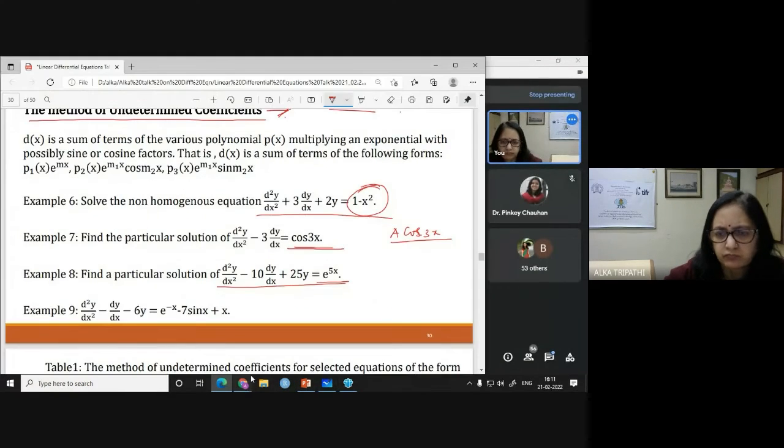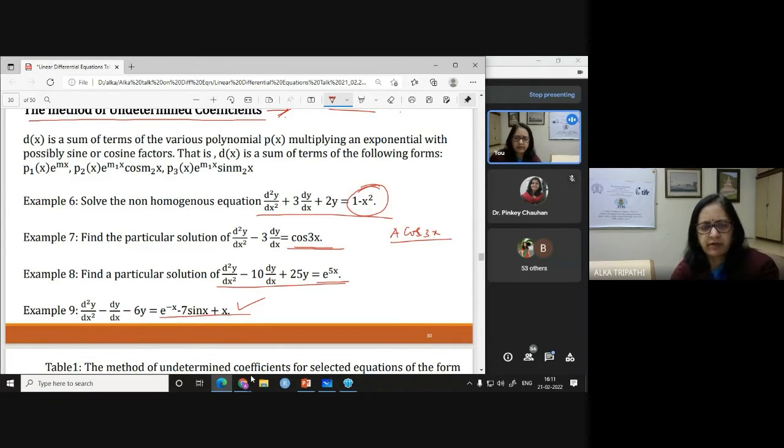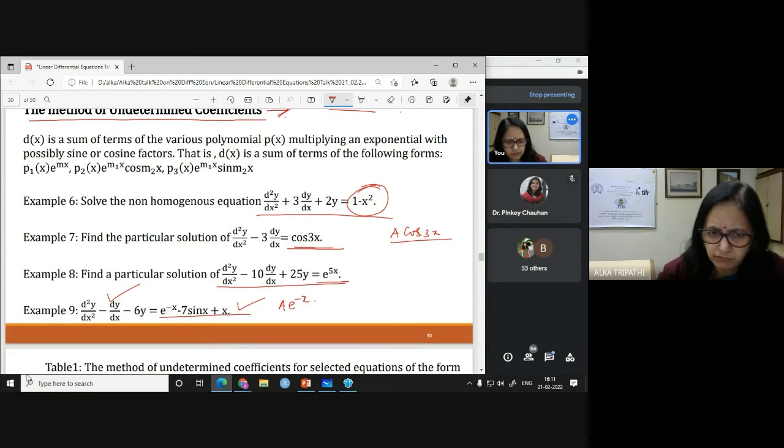Now let me talk about this example. Say if I am having a combination of these terms, e to the power minus x, sine x, and x, then for the trial function, first cross check the values of yc. Then we can assume a e to the power minus x for the first one.